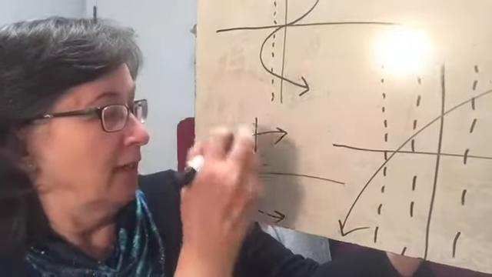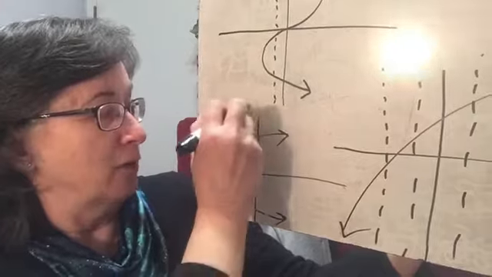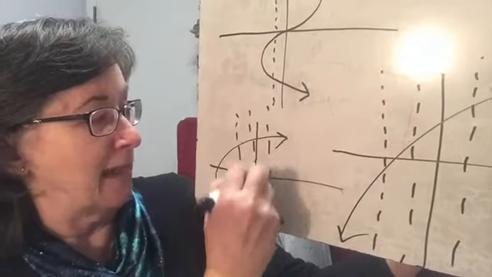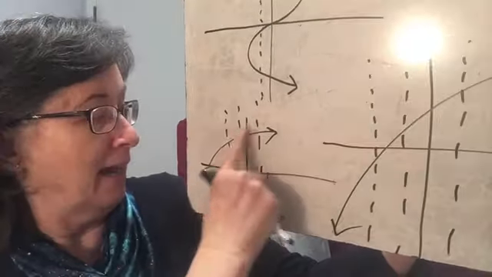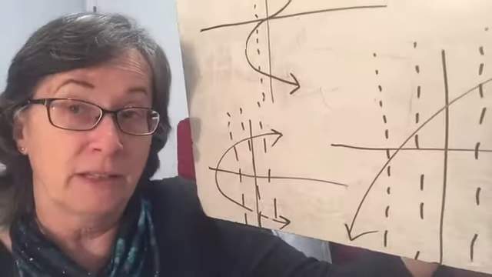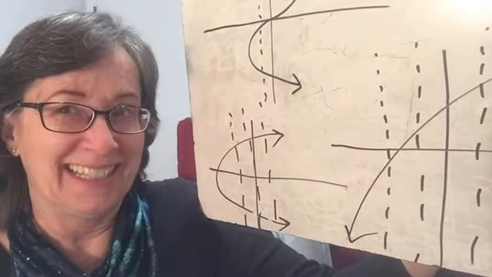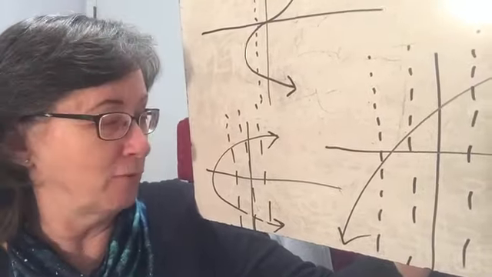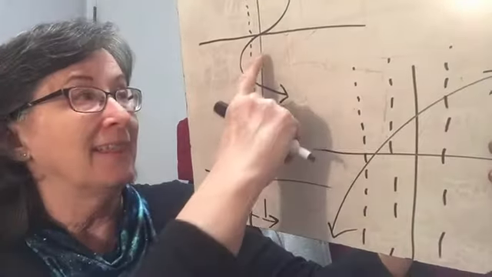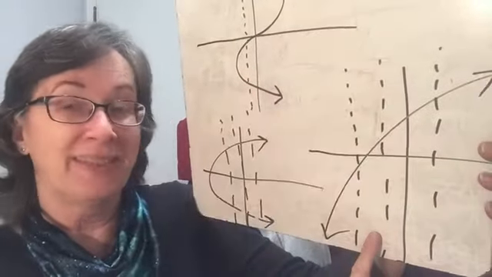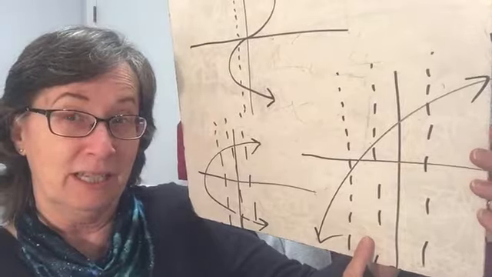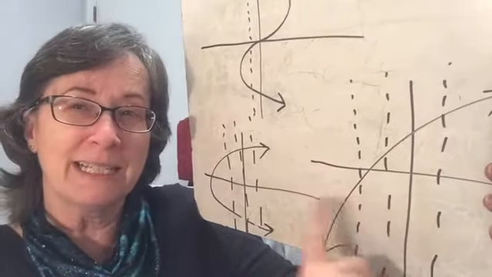Not a function, because I can draw a vertical line in several places and cut the path of the relation more than one time. Therefore, this is not a function, this is not a function, but this one is a function because there's nowhere that it doubles back over.